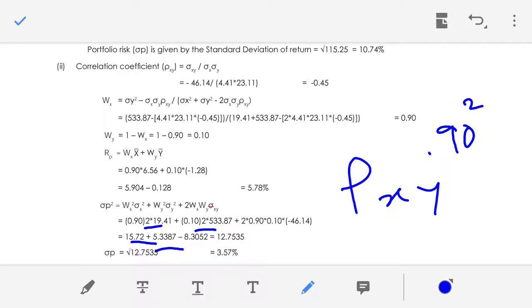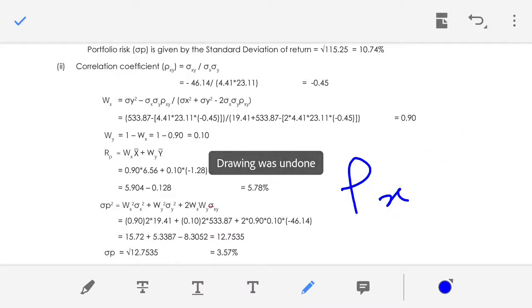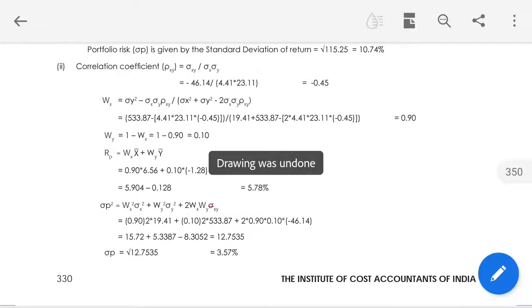Minus 2 into 0.9 into 0.1 into 46.14, that is minus 8.3052, correct. So the net variance value is 12.7535. This is the variance. To get the standard deviation we need to apply square root to this, that is 3.57.